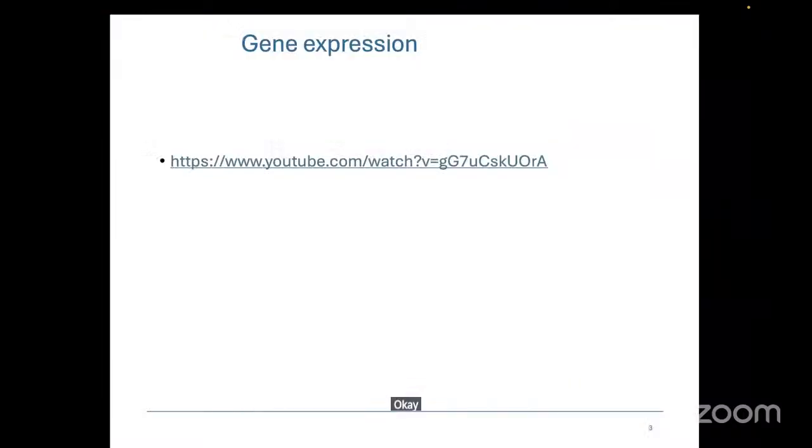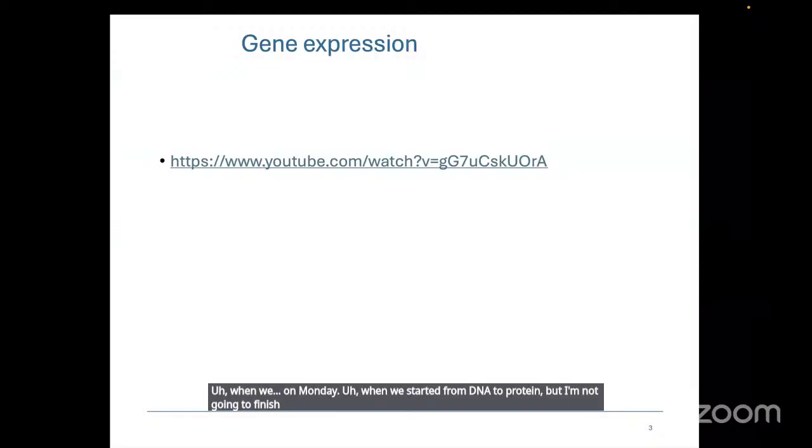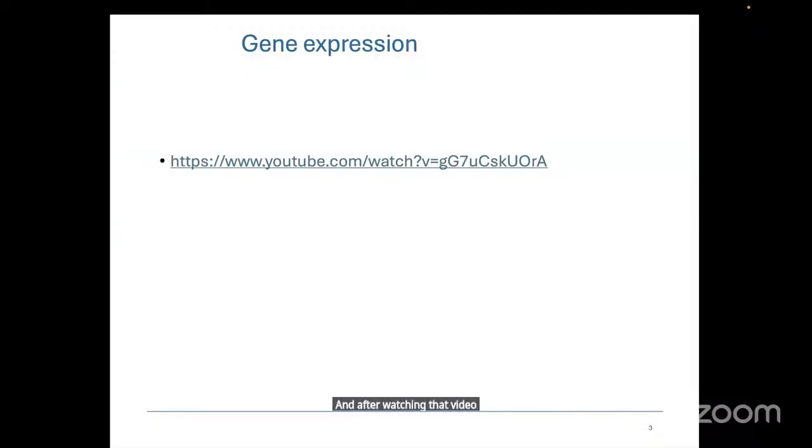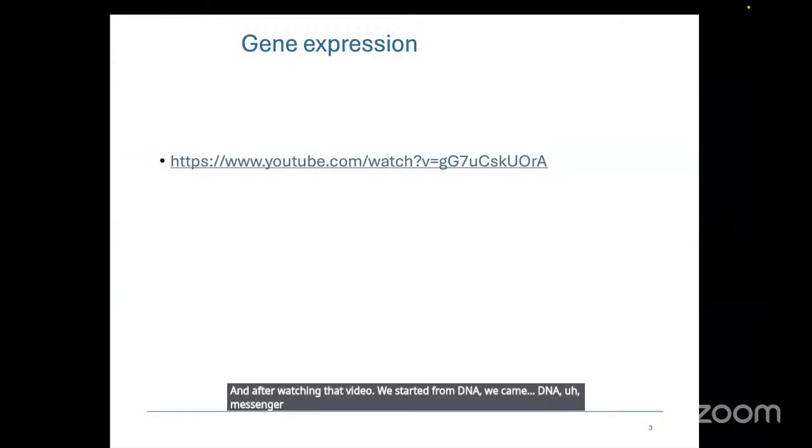Before we go there, I would like us to go back and watch this video that we watched on Monday, when we started from DNA to protein. But I'm not going to finish it, I'll stop in the middle. We started from DNA, then messenger RNA, and then protein.